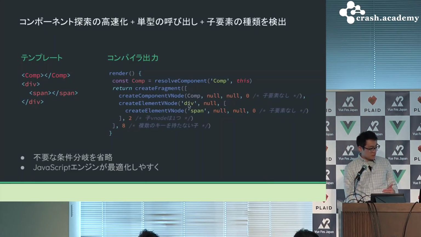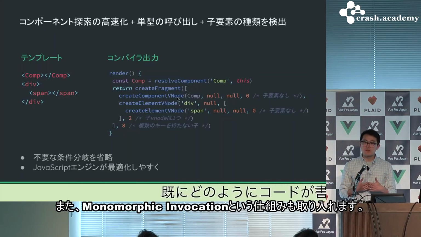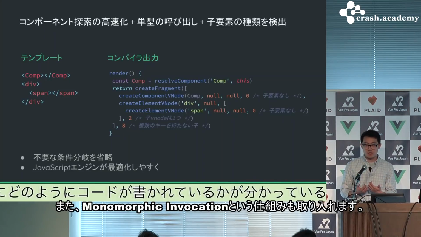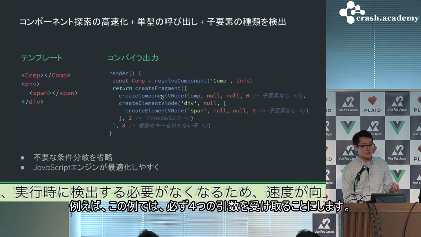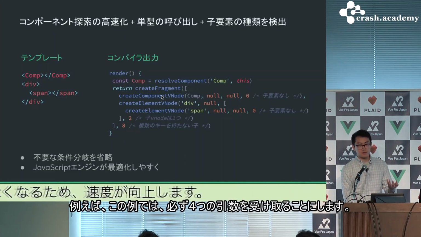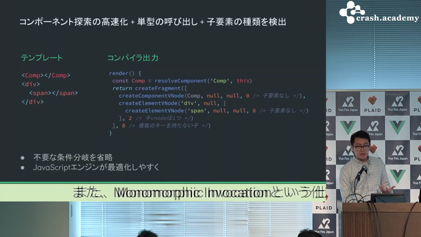Another thing to note here is we are generating something called monomorphic invocations. Monomorphic loosely means you are passing very predictable arguments to functions. So when you call this function, it always receives 4 arguments, no matter what you're doing. This second argument is actually the data, the attributes of your element. So if you don't have any attributes, you will just pass null.